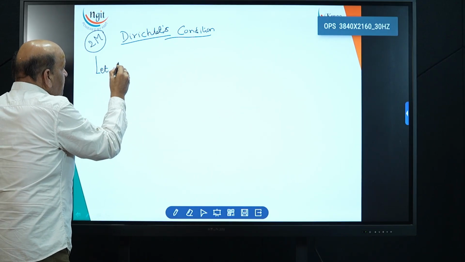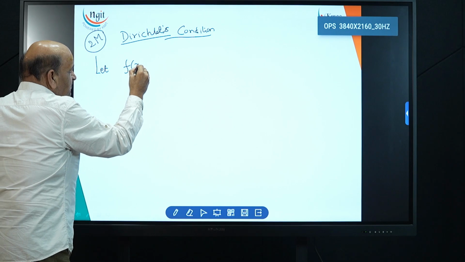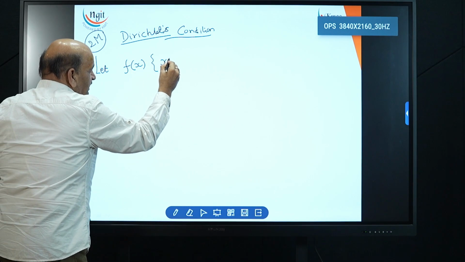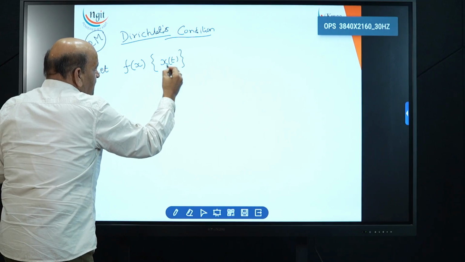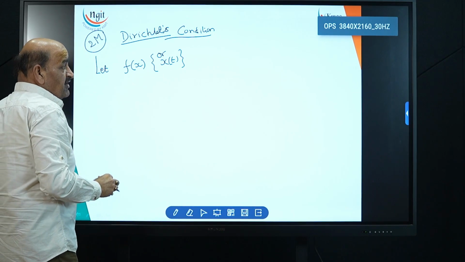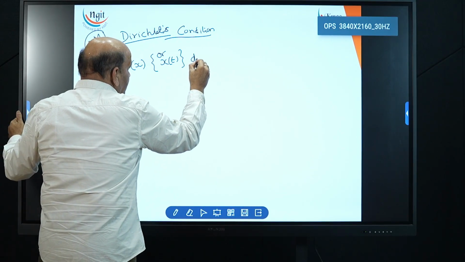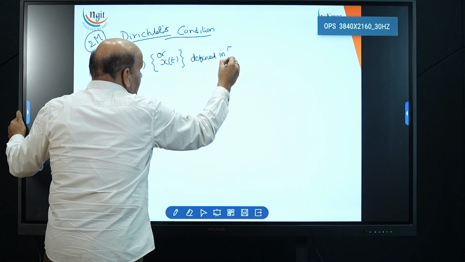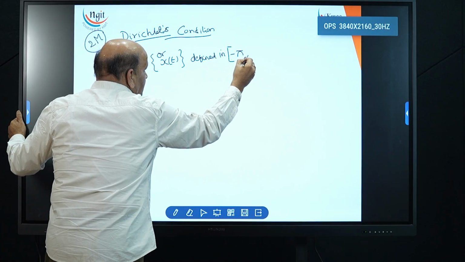Let f of x be a function, or you can write x of t, a signal. Let f of x be a function defined in the interval minus pi to pi.